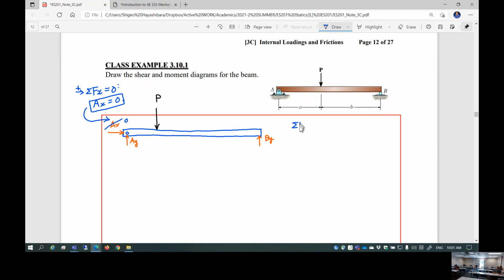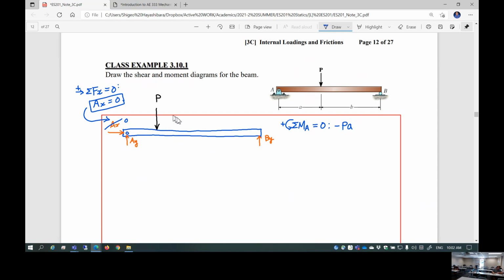So you're interested in AY and BY, and let's do a summation of the moment. Let's say this is the positive direction moment. Summation of the moment at A set equal to 0. This P creates a negative moment around location A, so negative force P times moment arm A, negative PA.